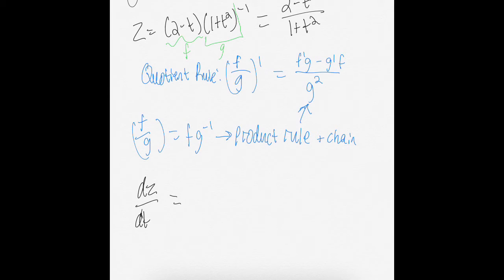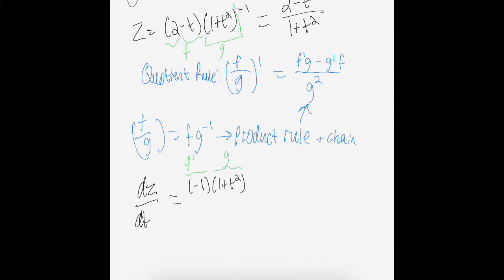So dz dt. Okay, so first I need the derivative of f. We did that before, and that is just minus 1. Remember, that is just because it's the same as the derivative of 2, which is 0 because it's a constant, plus the derivative of minus t, which is minus 1 by power rule. So that's minus 1 times g now. So g is 1 plus t squared.